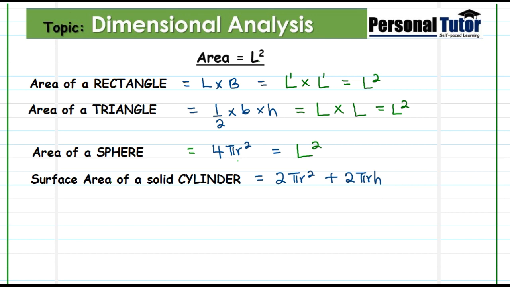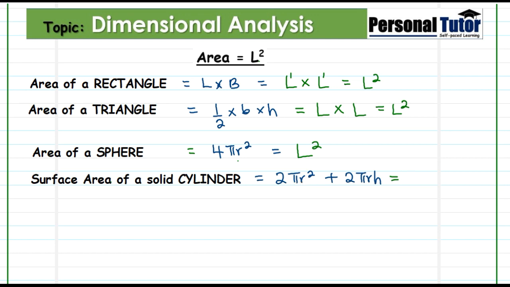Now, it is our task to express this as a dimensional equation. And so, we start by looking at each individual term. 2 is a dimensionless constant, so ignored. Pi, dimensionless constant, so ignored.